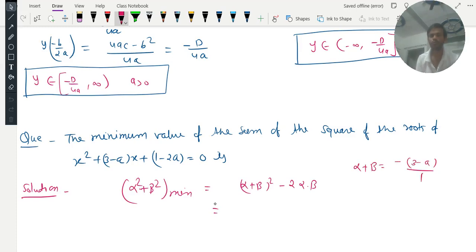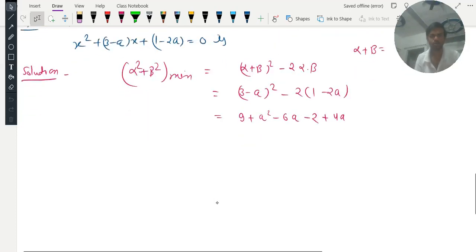What will be the value of its square? Squaring, the negative will become positive. So this will become 3 minus a raised to power 2, minus 2 times 1 minus 2a. This becomes 9 plus a square minus 6a minus 2 plus 4a.